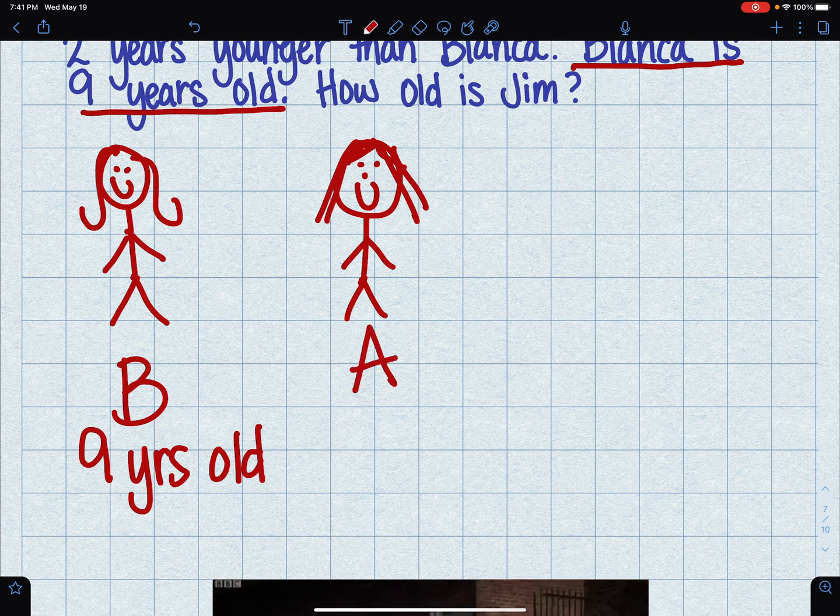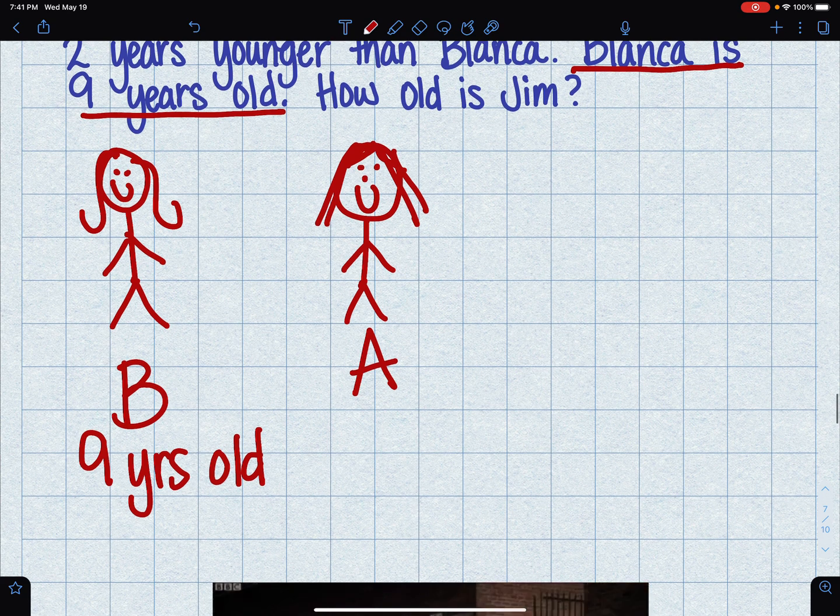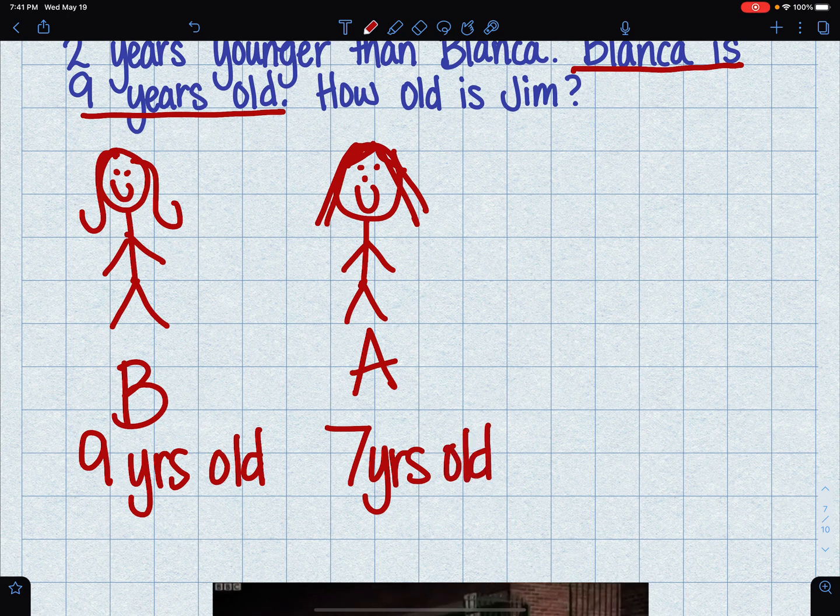And it says Allie is 2 years younger than Blanca. So if Allie is 2 years younger than Blanca, then how old is Allie? She's going to be 9 minus 2, so she's going to be 7 years old. Cool. Now let's draw Jim. So he's a boy. I'm going to make more boy hair like that.